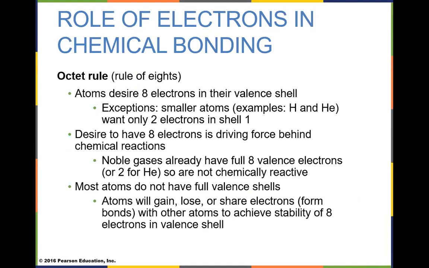So there's a rule of 8. An atom always wants to have its valence shell full. And even though it says 8 electrons in their valence shell, and I know that some can have more than 8, that's fine. We're just going to deal with 8 because we don't really go past the bigger atoms.